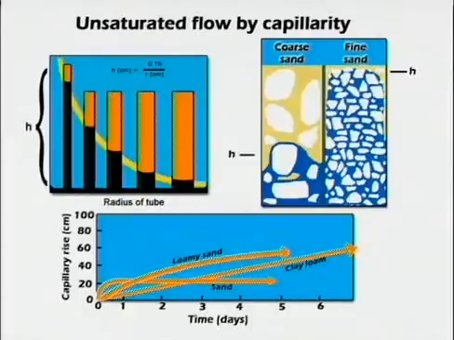Well, soil pores act very similar to capillary tubing. That is to say, if the water content of a soil is high, both the large pores and the small pores will have a substantial amount of water in their total volume. However, as that soil begins to lose water, we see a rapid emptying of the large pore spaces and a much slower emptying of the smaller pore spaces between the smaller sized soil particles.